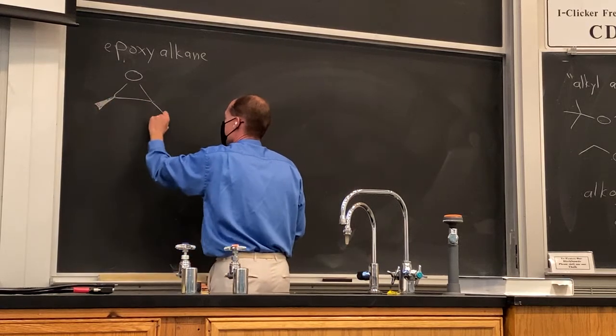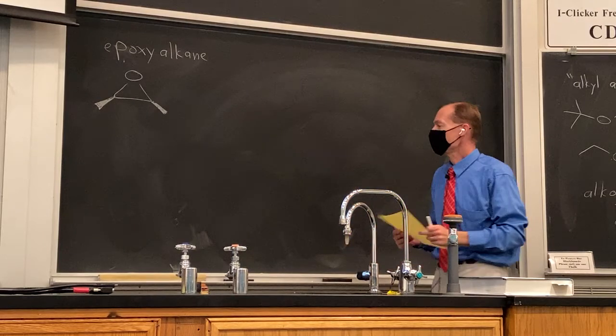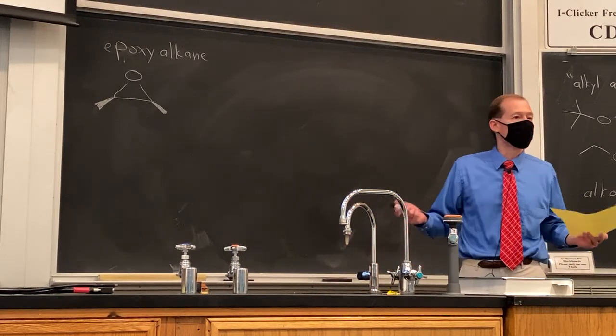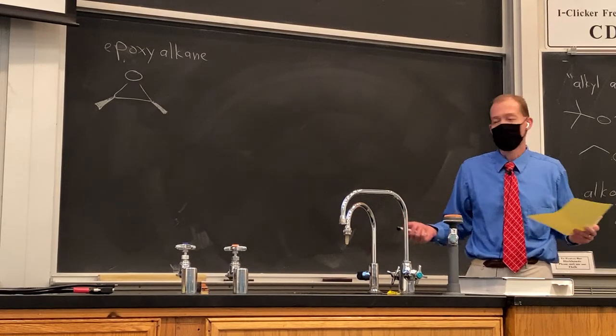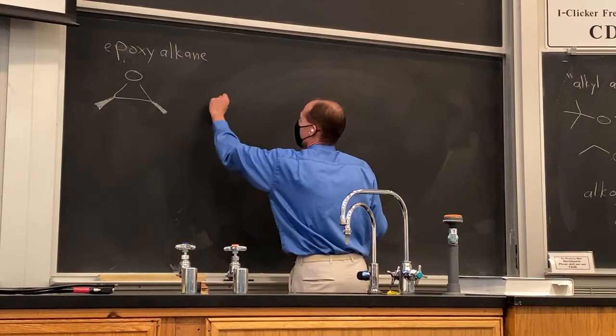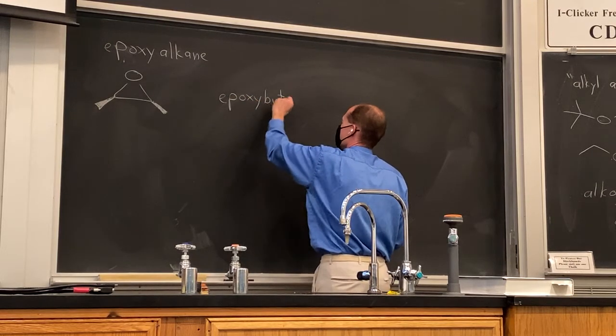So here is a sample epoxide. How many carbons in our carbon chain? 4 carbons. So we're going to call this epoxy butane.